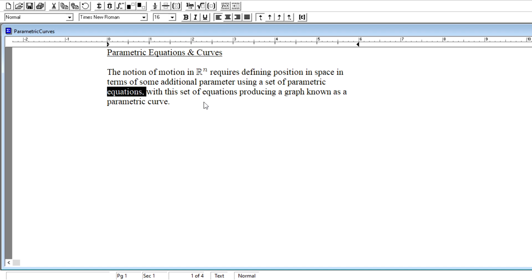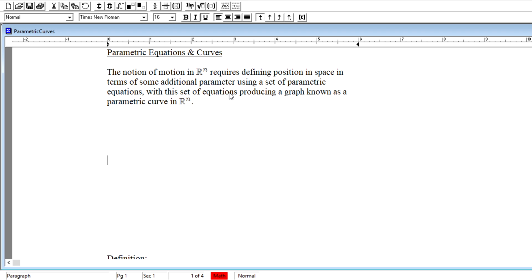This set of parametric equations produces what is known as a parametric curve in n-dimensional space.